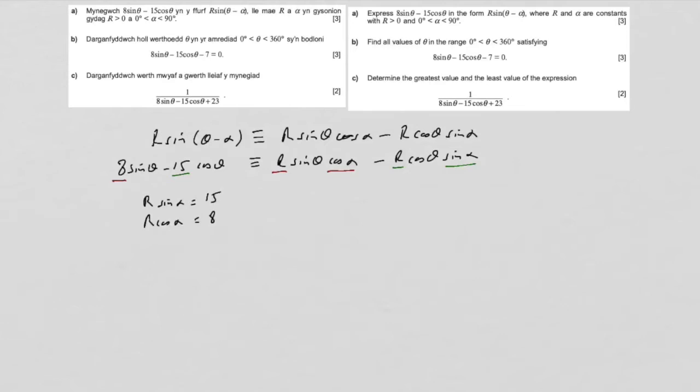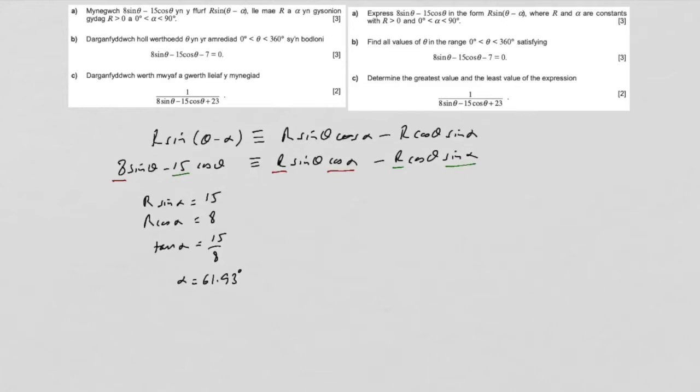And the reason I wrote them sort of upside down is that reminds me that I can divide those. The r's will cancel and I'll be left with sine alpha over cos alpha, which is tan alpha, and that will be 15 over 8, giving me alpha equals 61.93 degrees to 2 decimal places.